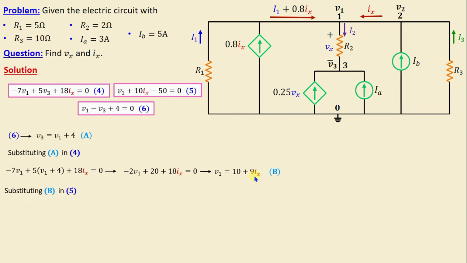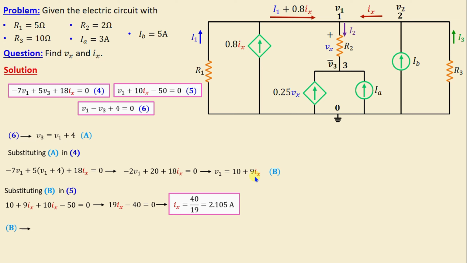Now by substituting B in 5, we derive one equation in terms of Ix. If we continue simplifying this equation, we obtain 19 Ix minus 40 is equal to 0. That means Ix is equal to 40 over 19 is equal to 2.105 amps. And from B, we have V1 is equal to 10 plus 9 Ix.